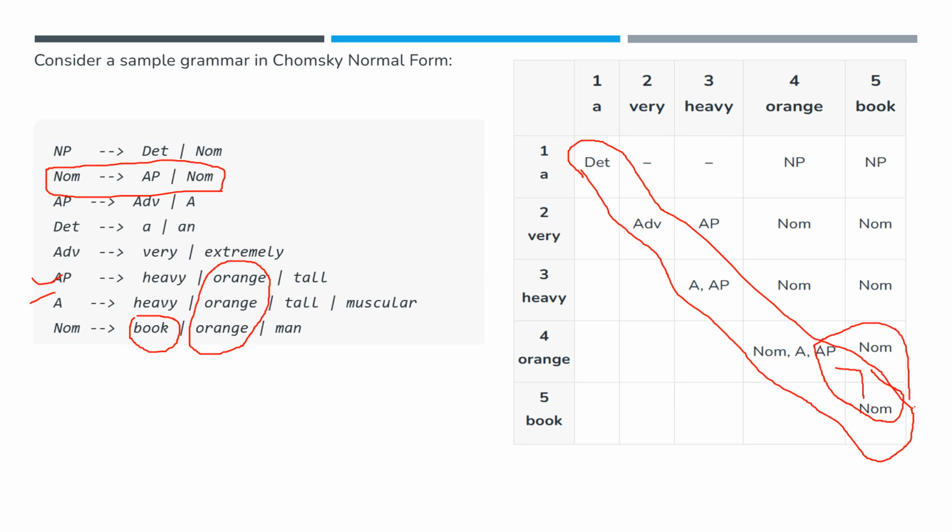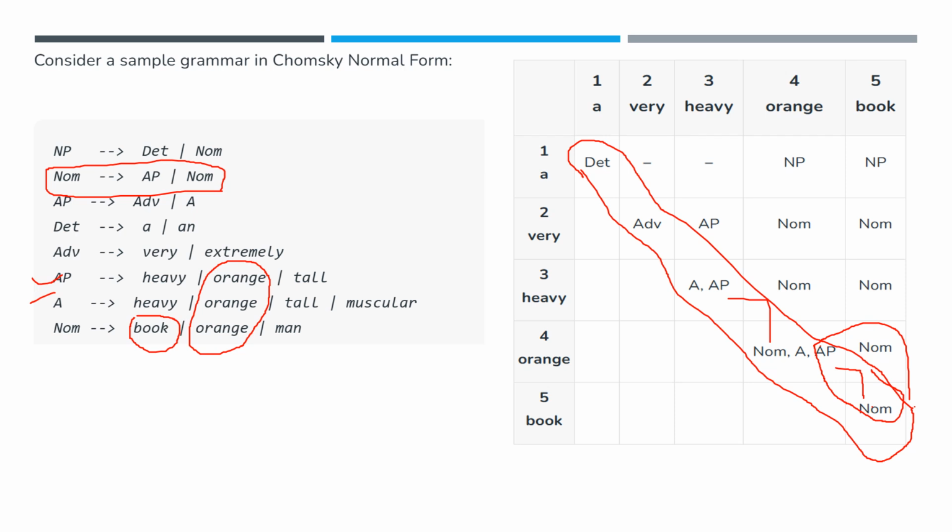Again, combining nominal and nominal, is there any rule? No, there's no rule. Okay, so then we'll try for these two. For these two, check, there's a rule: again we have AP and nominal as the nominal.